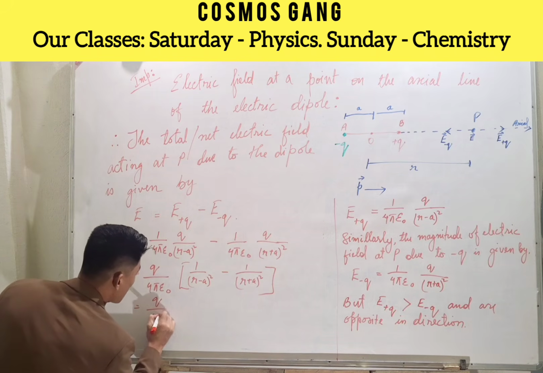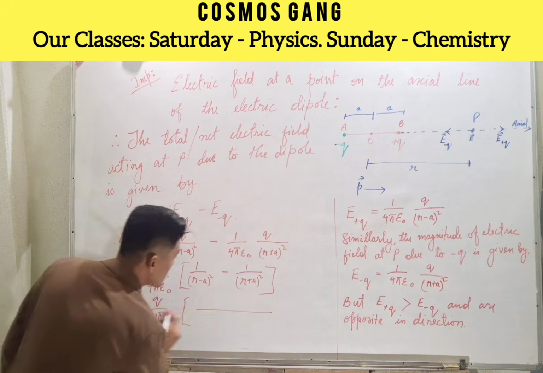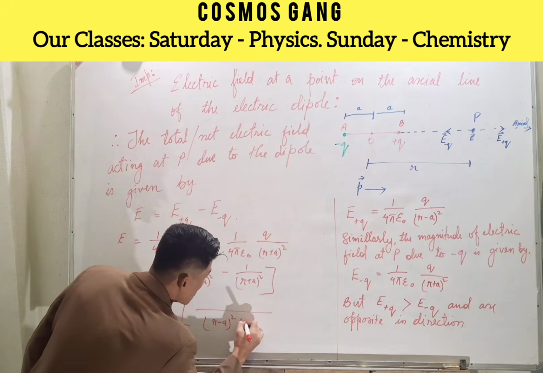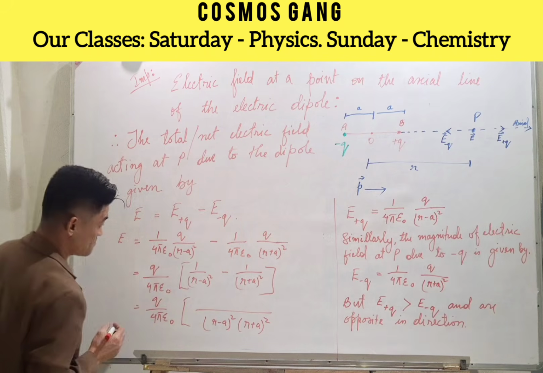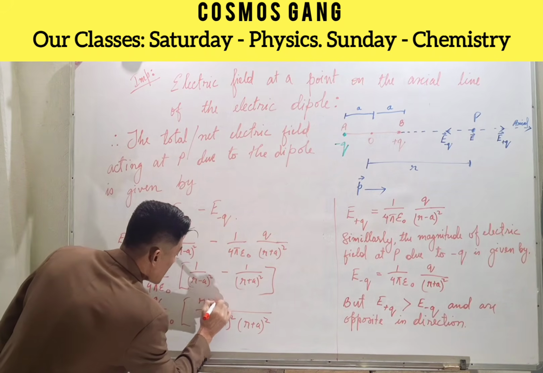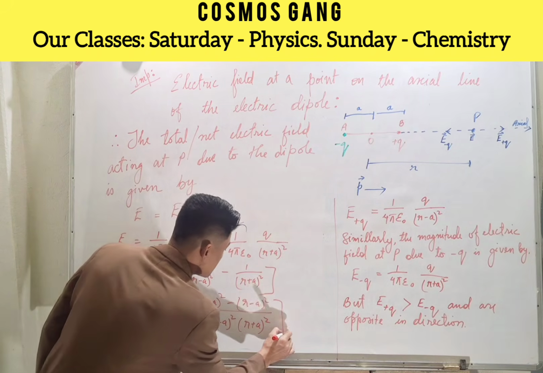Q divided by 4 pi epsilon naught. Take the LCM, (R minus A) whole square, (R plus A) whole square, (R plus A) whole square minus (R minus A) whole square.